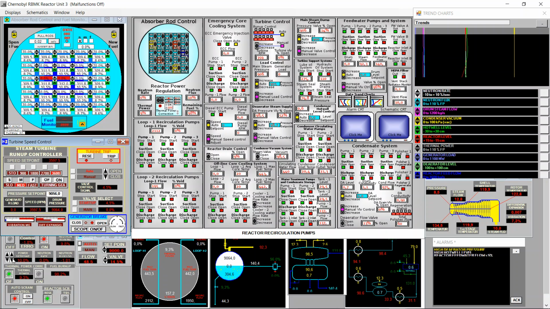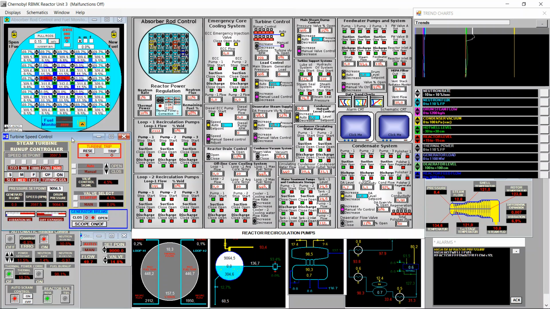Okay, I will increase a bit reactor power just to 11.5%, because I like this. There is no reason for that. And okay, that's not right.